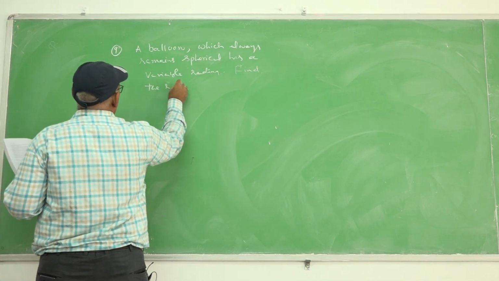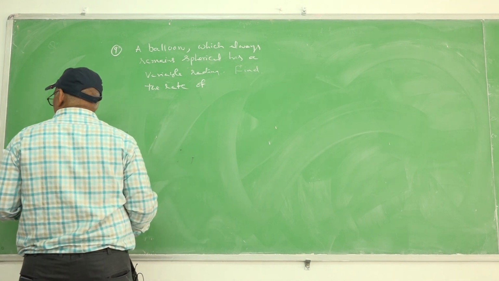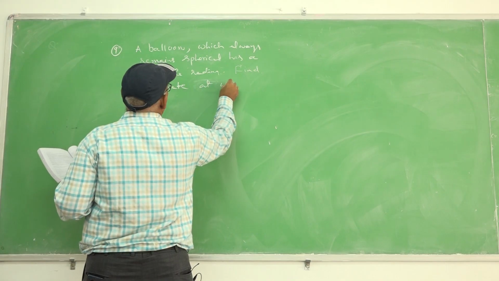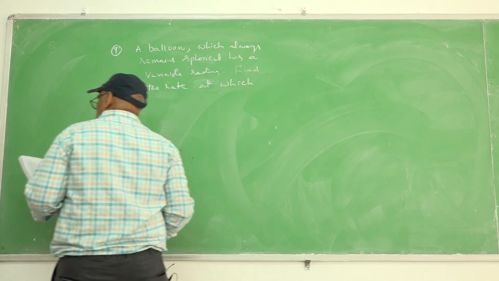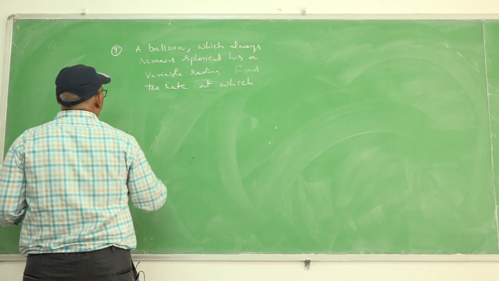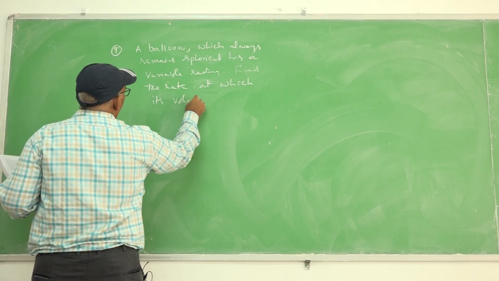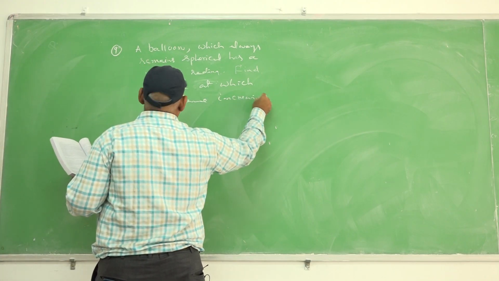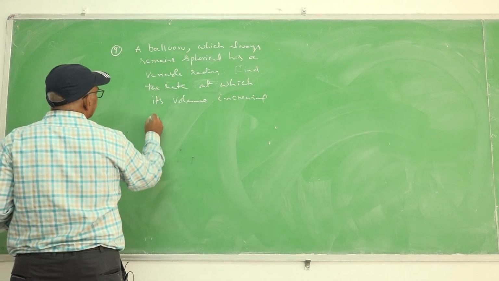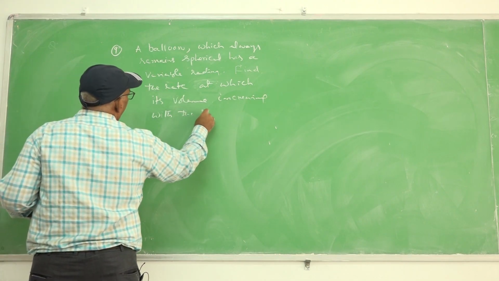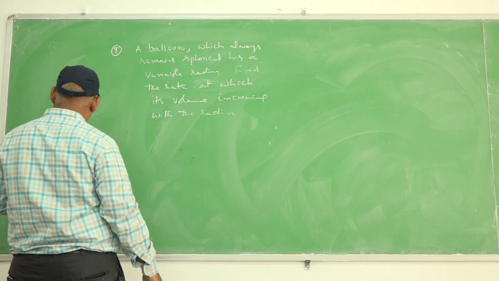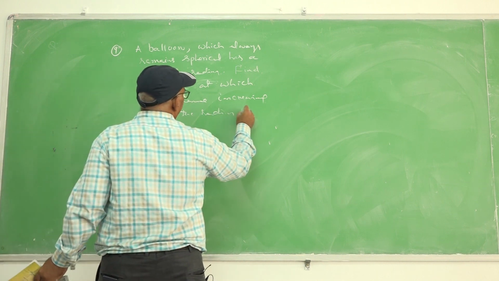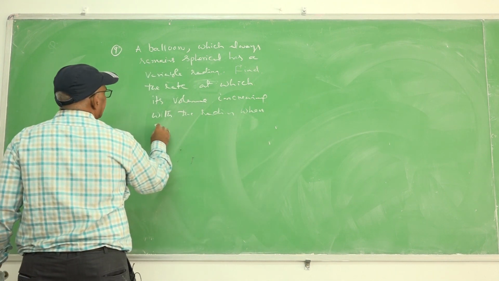Find the rate at which its volume is increasing with the radius when the radius is 10 centimeters.